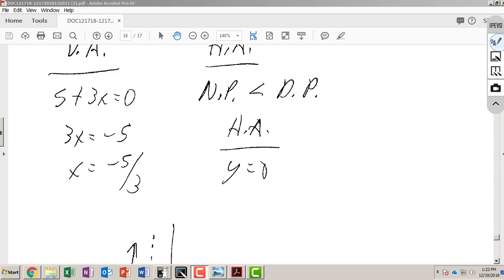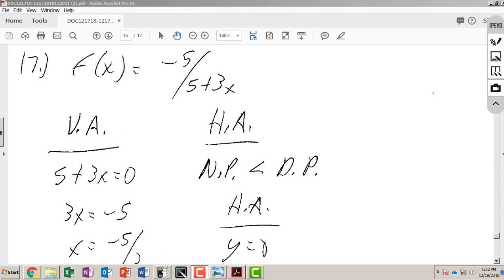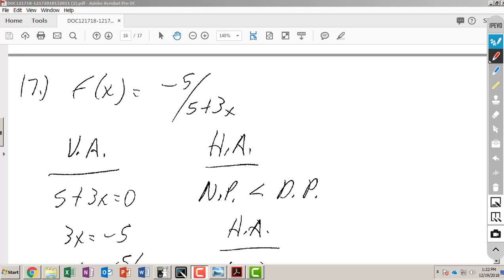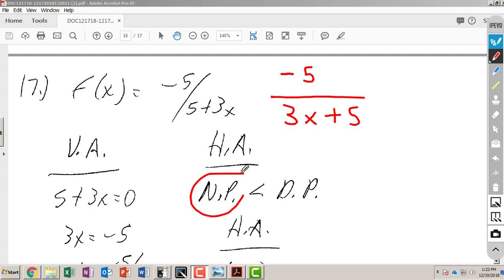Now to find my horizontal asymptote, I'm going to use those previous rules that we just talked about. Whenever you're using those rules, you always want to make sure that it is in descending order. So notice this is -5, and I'm just going to rewrite this as 3x plus 5. So remember, I look at my numerator power. This numerator power, even though I can't see it, is 0. I compare it to my denominator power, which is 1.